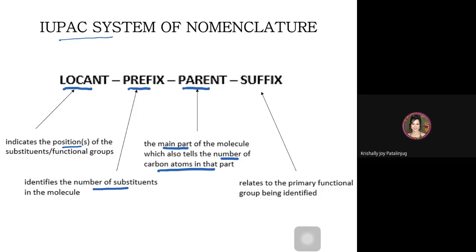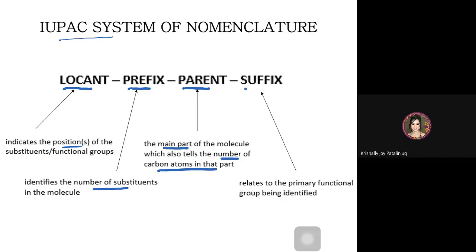Most specifically, this is the longest carbon chain present in that molecule. That is the parent chain of an organic molecule.